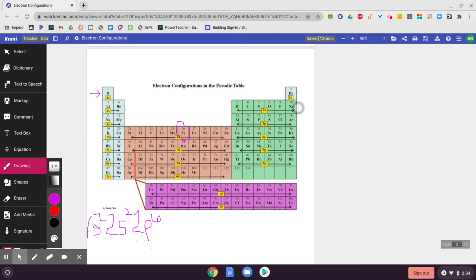Now that I've filled up 2p and I've come to the end of period 2, I'm going to go to the beginning of period 3. And I'm back in the s block, and I'm going to go all the way through the s block, so 3s2. Coming straight across, we're in a new block, but I'm still in row 3, so 3p.